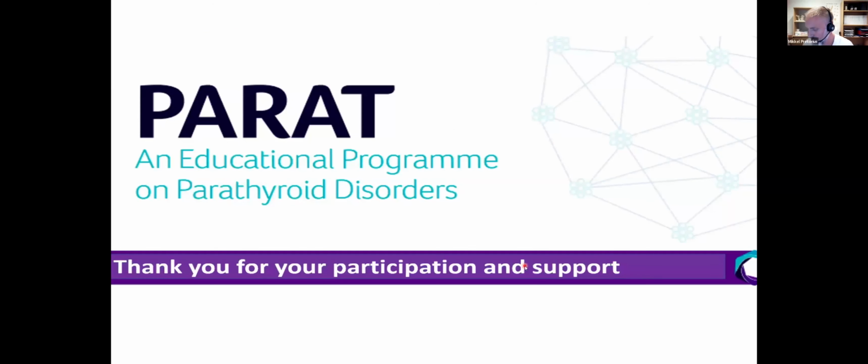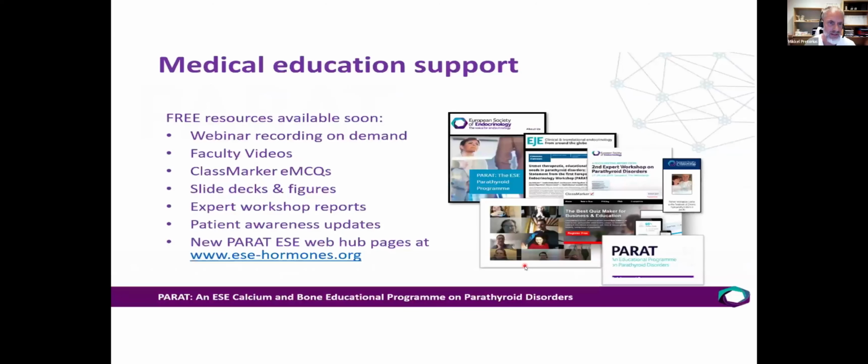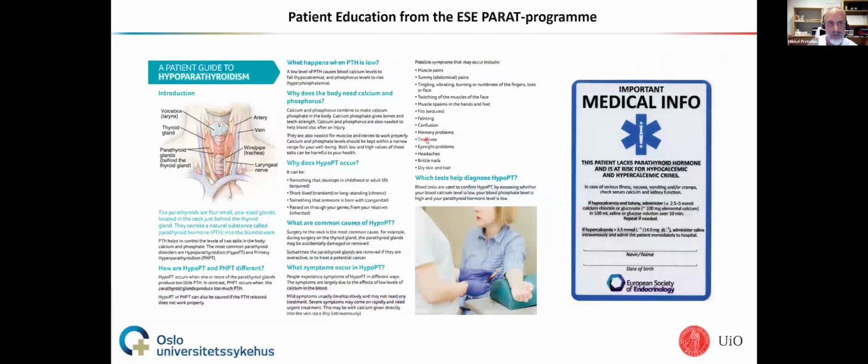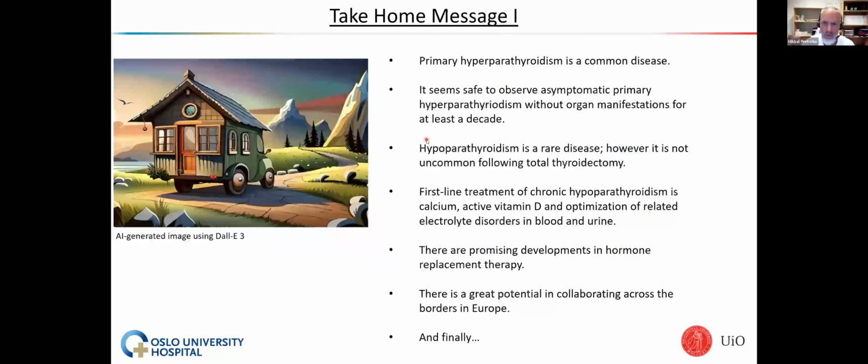Finally, I would just like to remind people about the PARAT program, an educational program within the ESE. There is a lot of nice educational material here, both in terms of webinars and workshop reports, and also very nice patient education information. So to conclude, primary hyperparathyroidism is a common disease.